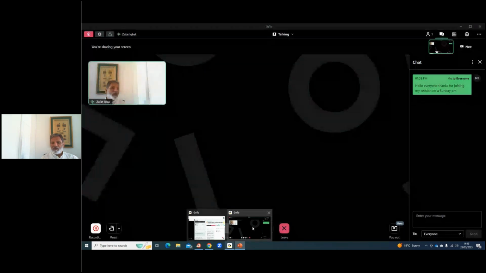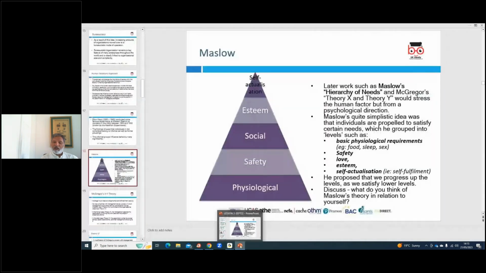So what he did was look at people's needs, and he said, let's divide them into hierarchical needs. He gave these needs a name, the theory of hierarchy of needs, which is Maslow's theory, and it is applicable today as well.